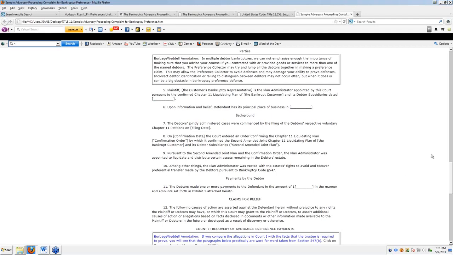See, you have a preferential transfer. That's when you transferred the note to Bank of America, the security. That's a preferential? Yes. So we had the preferential transfer.